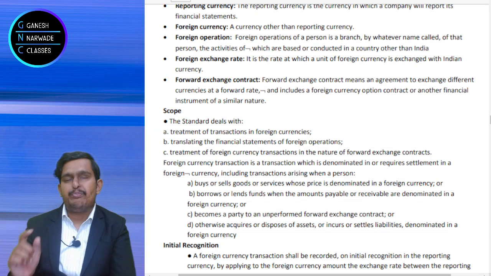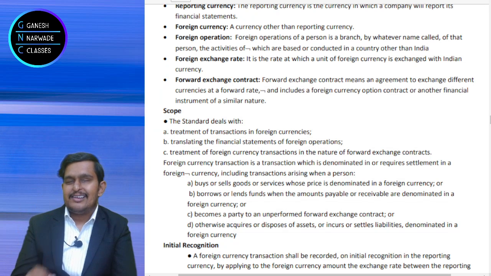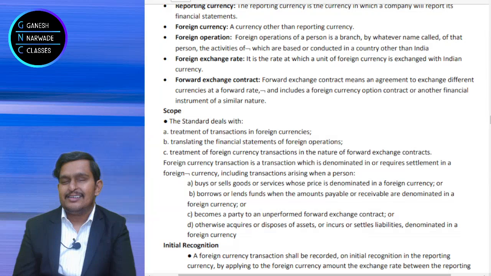So if I have to pay in dollars when I do the transaction, then we can say that it is a transaction in foreign currency. I just gave the example of dollar, it can be any other country's currency. So transaction in foreign currency means when we buy something by paying foreign currency. We'll know the meaning in detail, don't worry.